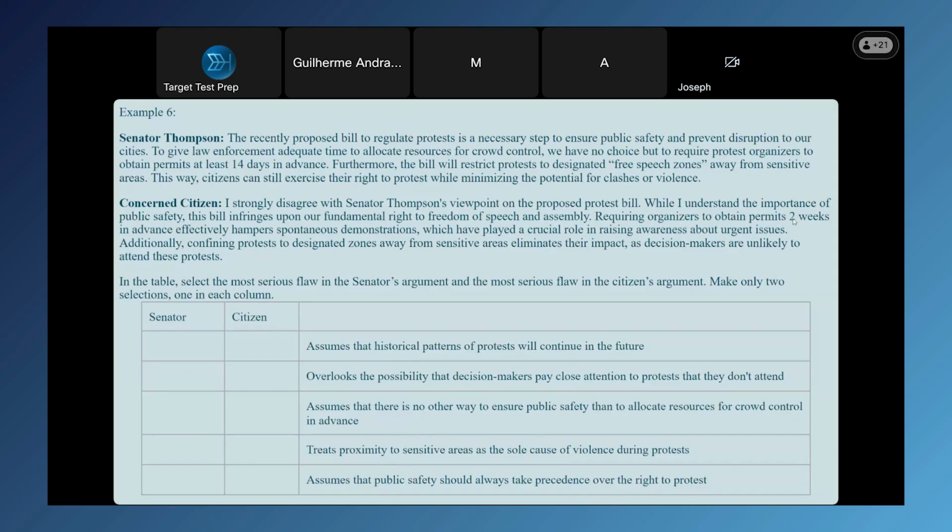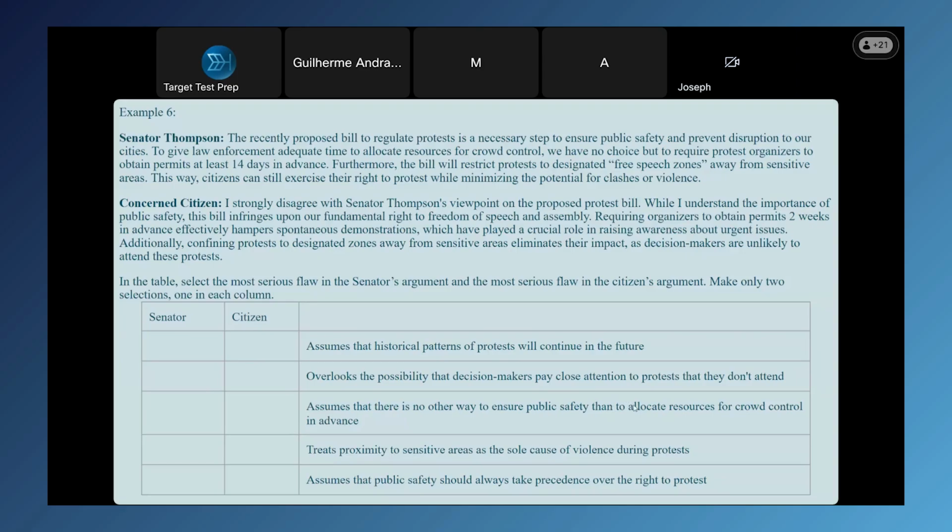Anyway, so that is not necessarily a flaw, and I also don't think that the senator does that. I thought that someone was talking about the past, but I might have gotten turned around. So yes, A is not going to be a logical flaw for the senator. B overlooks the possibility that decision makers pay close attention to protests that they don't attend. That's definitely not this one. He is not overlooking that possibility.